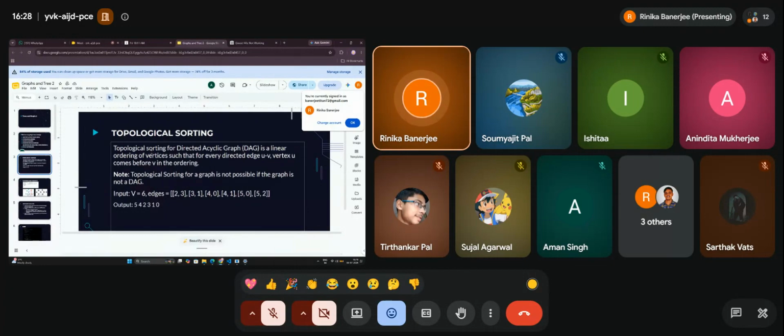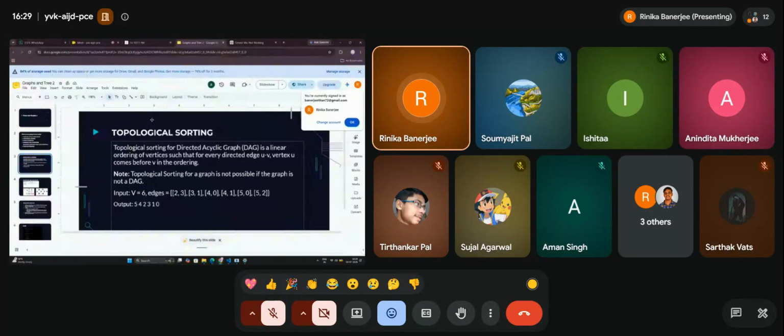Topological sorting is a proper sequence of nodes which we create for a graph in which, if there is a directed edge between node U and node B, then in the sequence, U must come before B. So the formal definition is: topological sorting for a directed acyclic graph is a linear ordering of vertices such that for every directed edge from U to B, U must come before B.